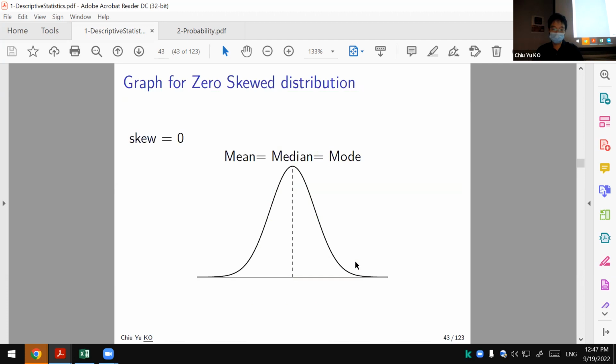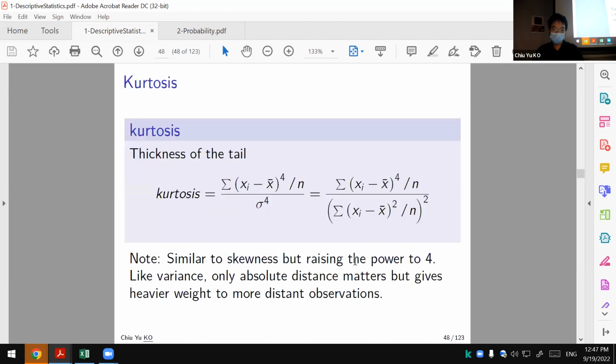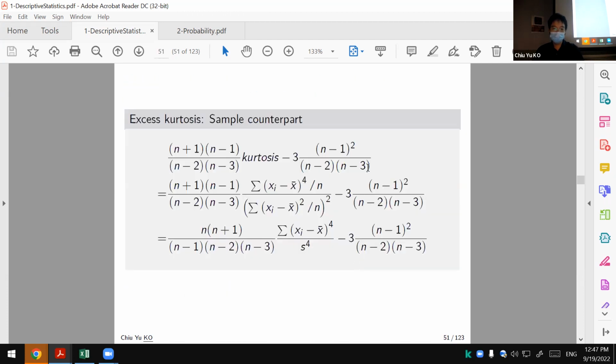Same for kurtosis, although it's a complicated formula here for excess kurtosis. You don't expect to reproduce that, but you know what you're calculating when you put it in an Excel spreadsheet.